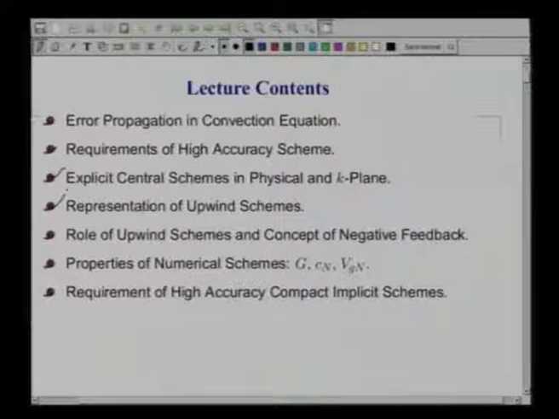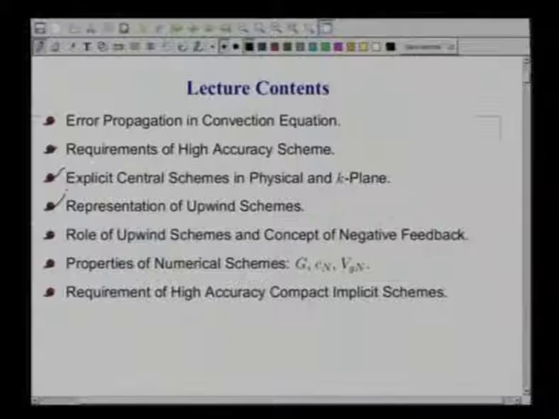Once we have done that representation, we will look at the role of upwind schemes, what exactly it does, and we would notice that the role that it plays has an analog with the negative feedback that we have in electrical circuits.